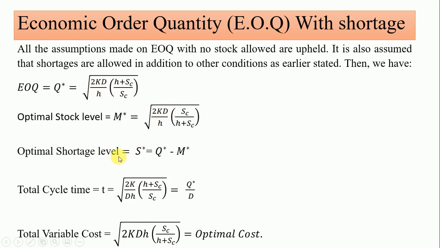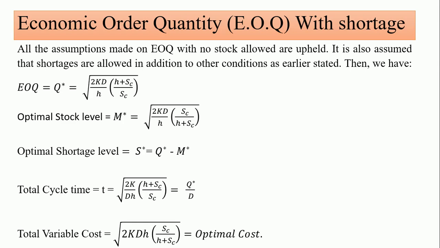And the optimal shortage level will be S star. It's not a name of a person, it's a symbol, S star, which is equal to Q star, which is the economic order quantity, minus M star, which is the optimal stock level. So optimal shortage level equals economic order quantity minus optimal stock level.